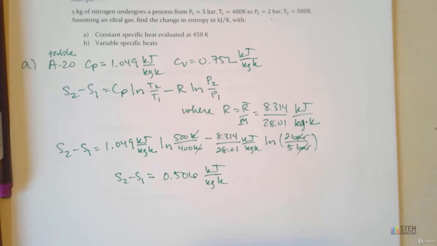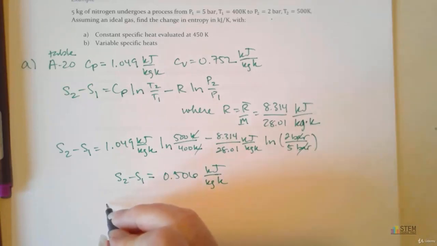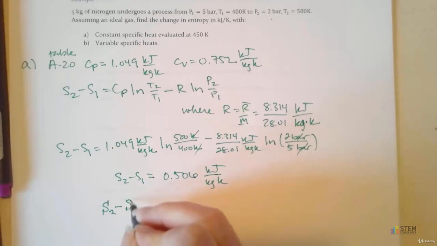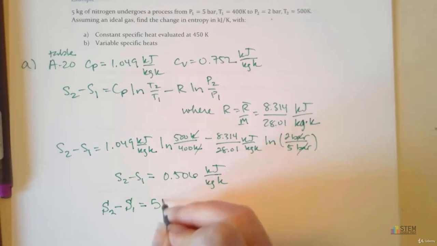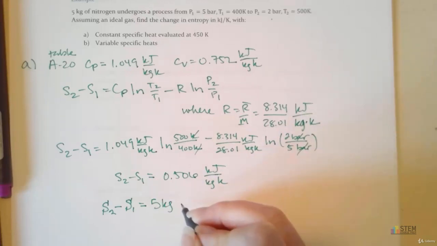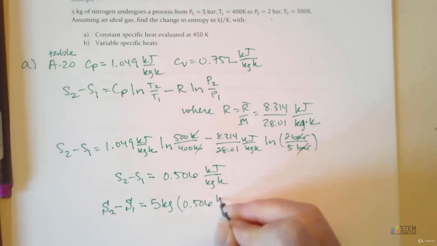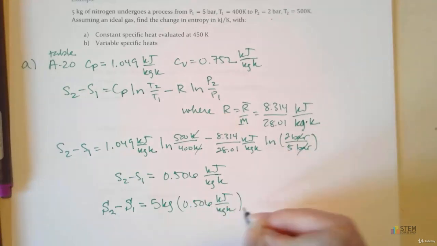That's right, we're going to multiply by the mass. Remember, these are specific entropy. We don't want that because that's not what it asked for. So our entropy is going to be S2 minus S1. Those are the capital S's. It's going to equal the mass, which was 5 kilograms, times this 0.506 value.